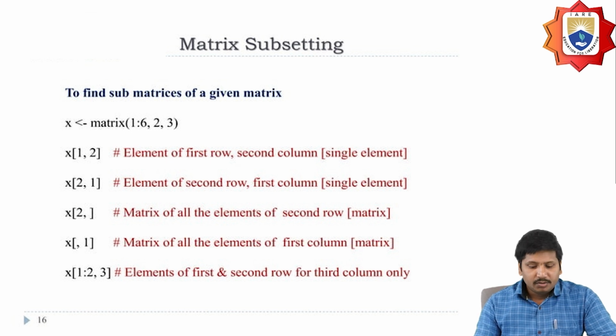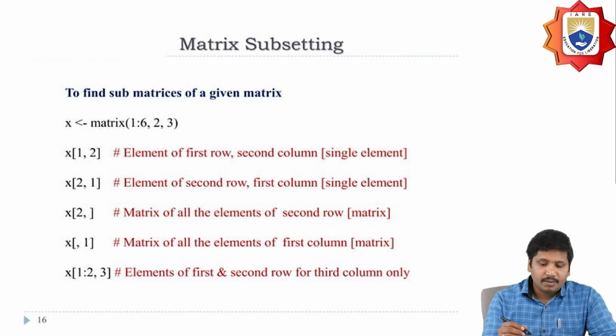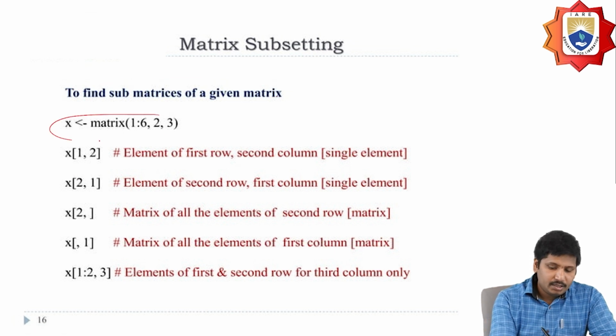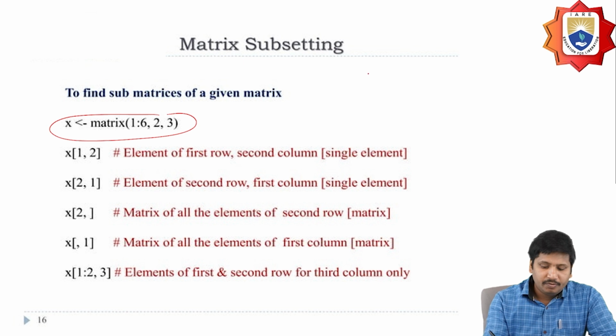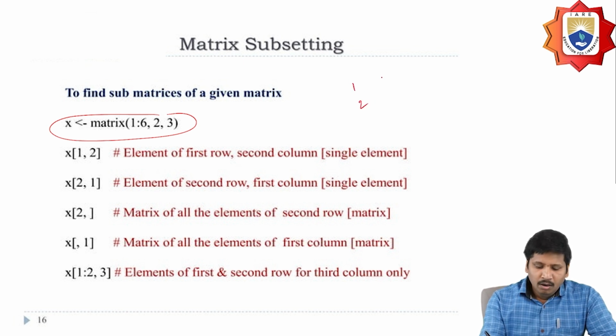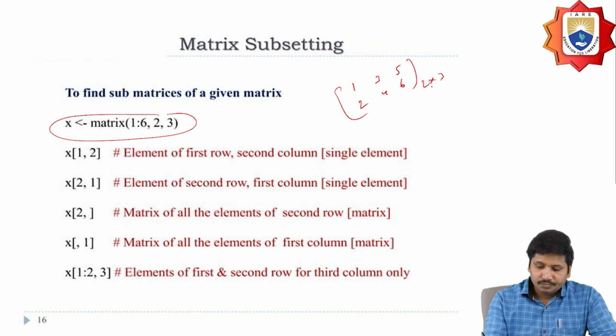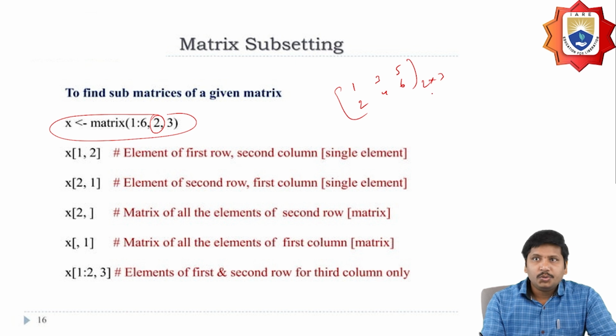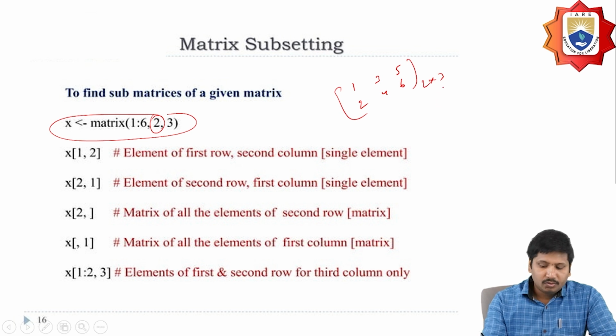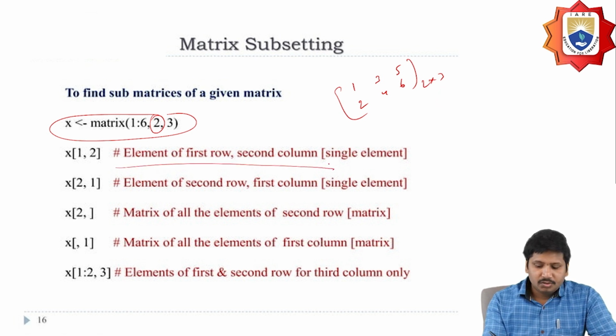And matrix subsetting. In order to find submatrices of the matrix, first of all you have to create a matrix here. So what should be all the values, 1 and so on, with number of rows equal to 2 and number of columns equal to 3. Here, if I specify x of 1 comma 2, I can get the element of the first row and second column, a single element.